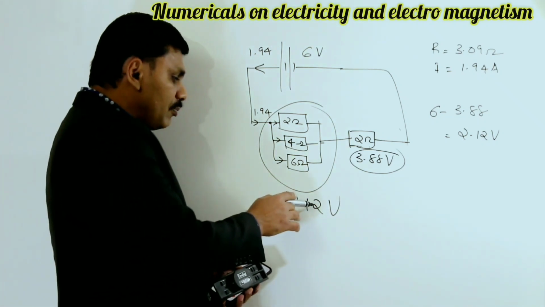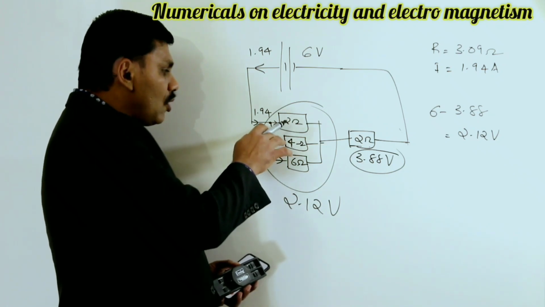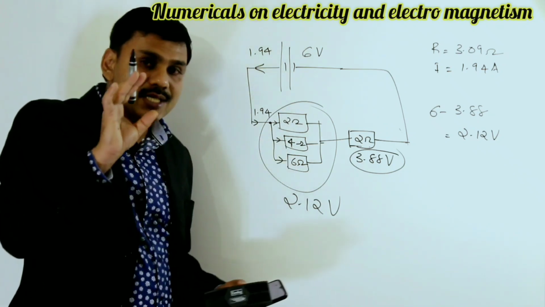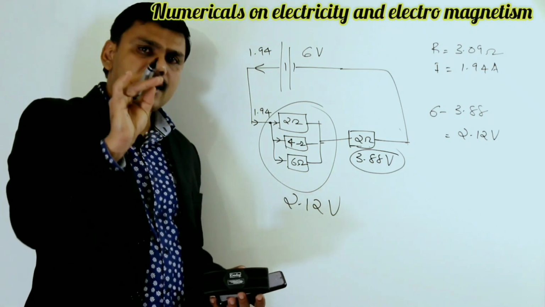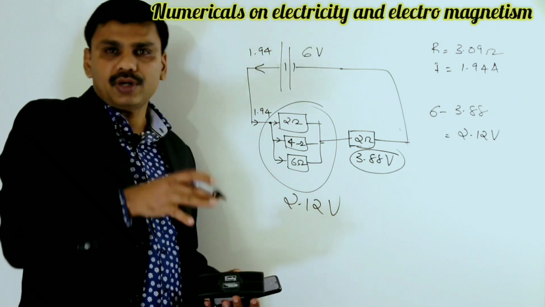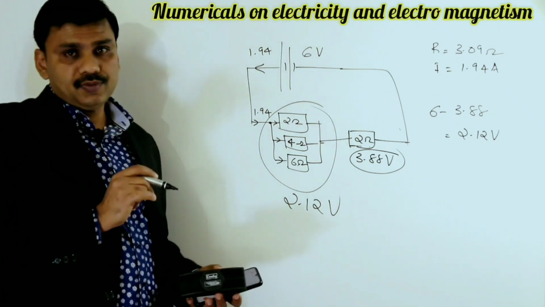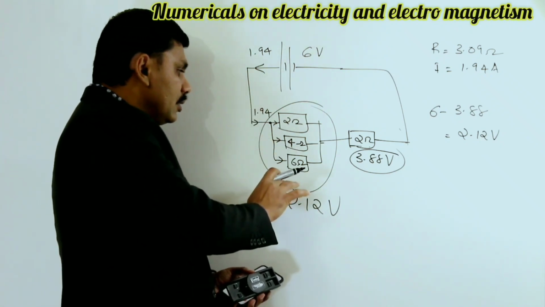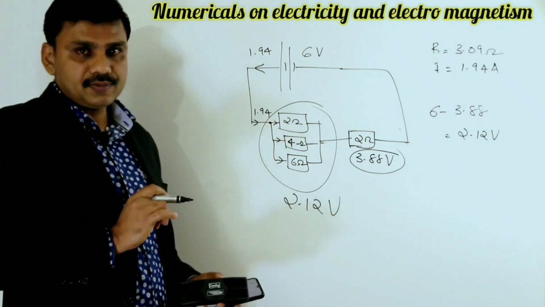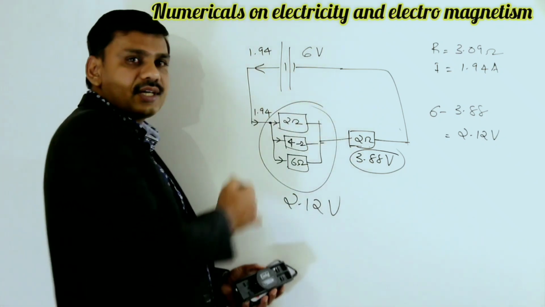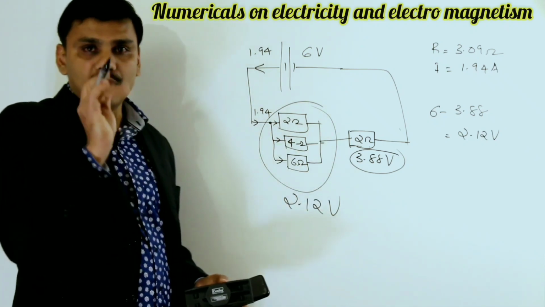And this 2.12 voltage will be the same for 2 ohm, 4 ohm and 6 ohm because these three are connected in parallel. You know that when resistors are connected in parallel, they get the same voltage. So this parallel combination of resistors gets how much voltage? 2.12 volt.